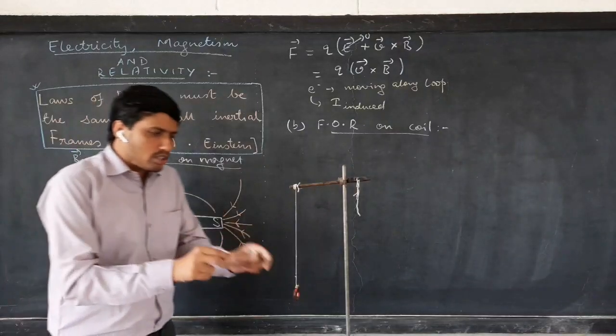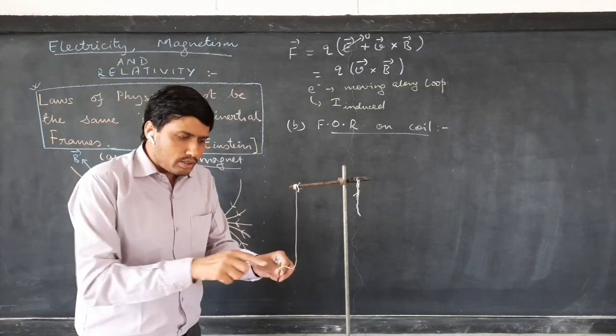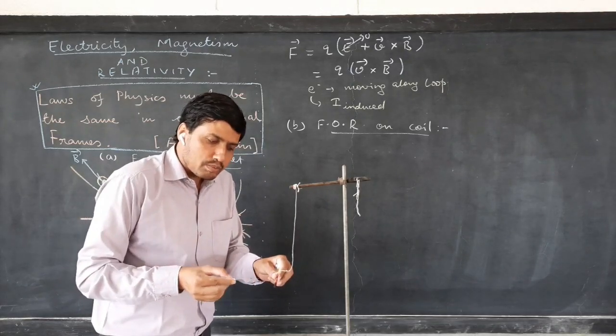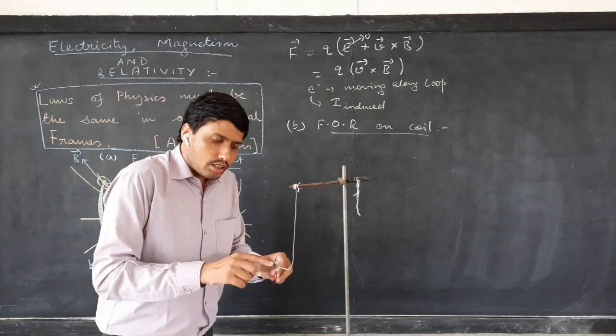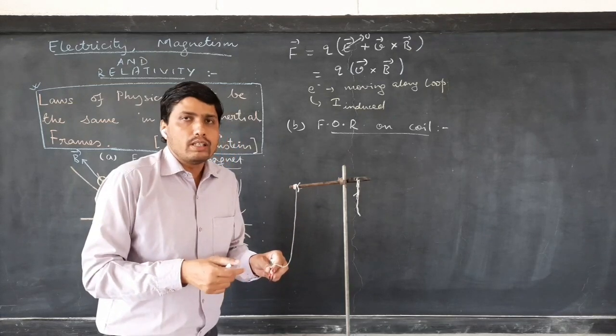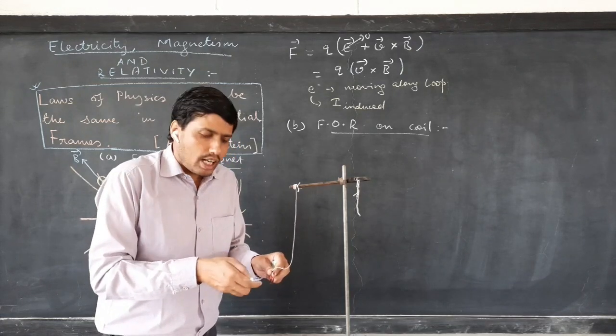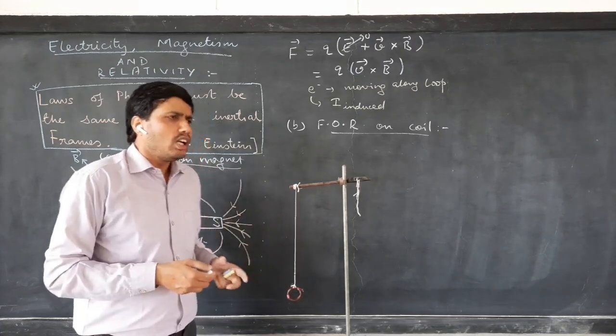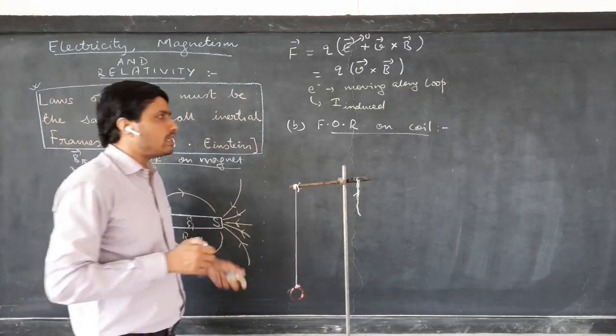If you station yourself onto this coil, you will see that there is some magnet which is coming towards you. Because the magnet is coming towards the coil, the magnetic field will be found to be increasing. Similarly, if you take the magnet away, the value of the magnetic field will decrease. So there will be some change in magnetic field.